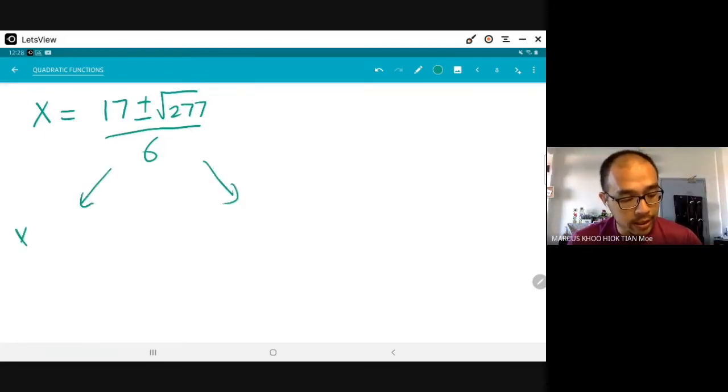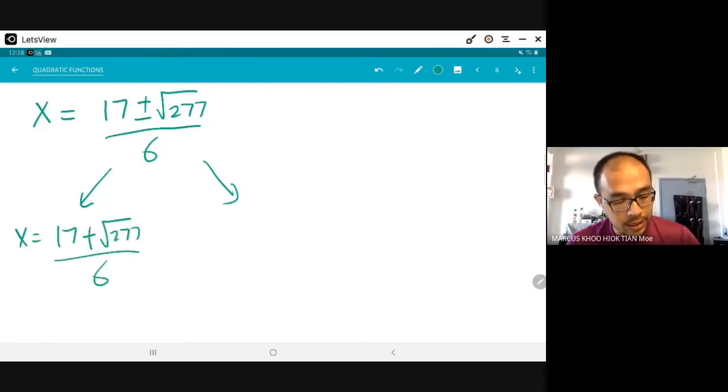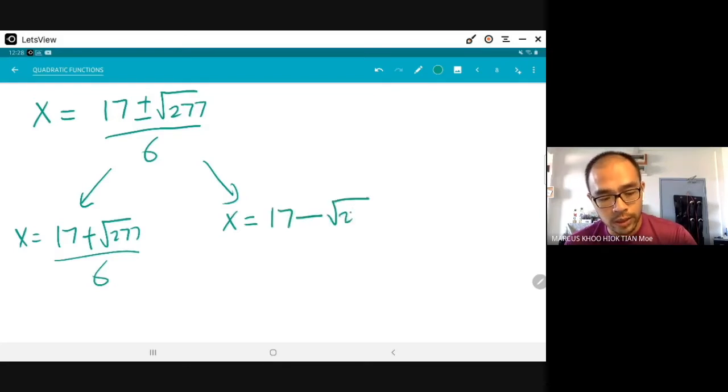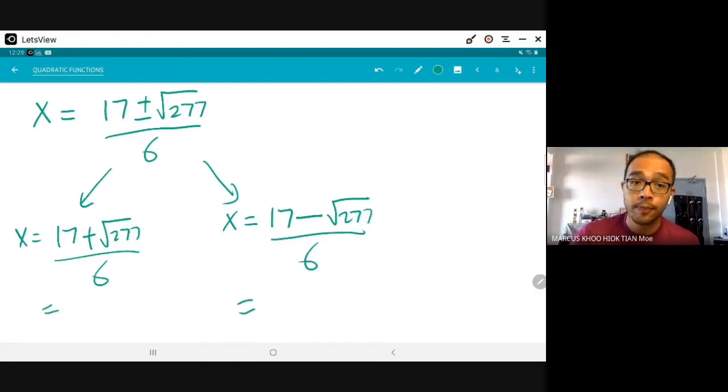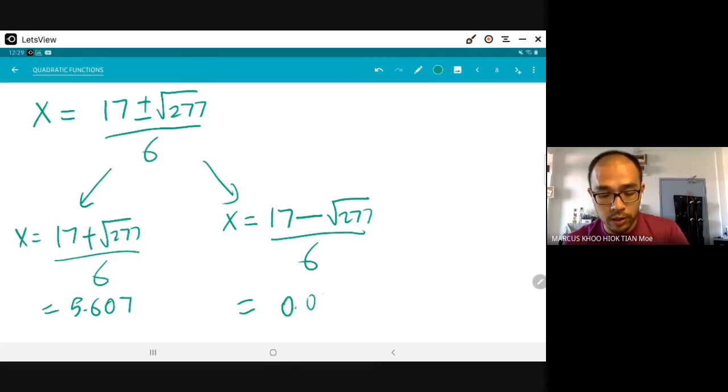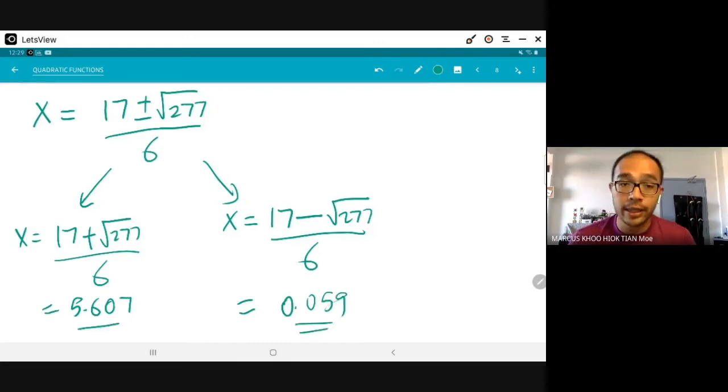You get x equals 17 plus square root of 277 over 6 and x equals 17 minus square root of 277 over 6. And you will get the two answers. 17 plus square root of 277 divided by 6, you get 5.607, and the other one is 17 minus square root of 277 divided by 6, you get 0.059, which is jawapan yang kita dapat tadi lah.